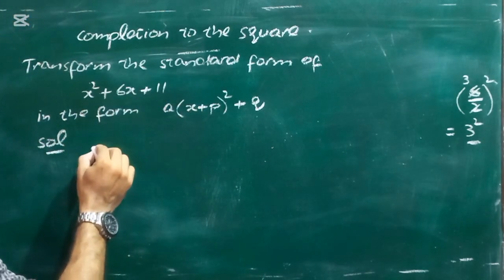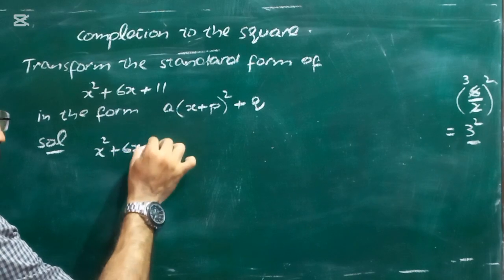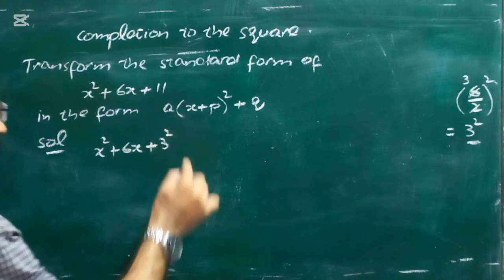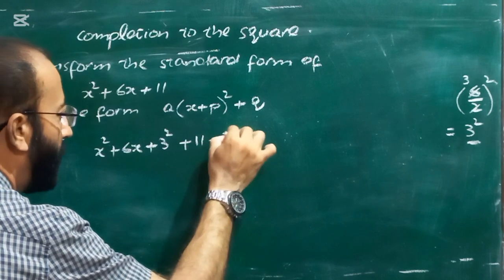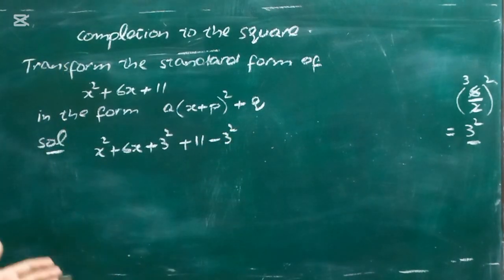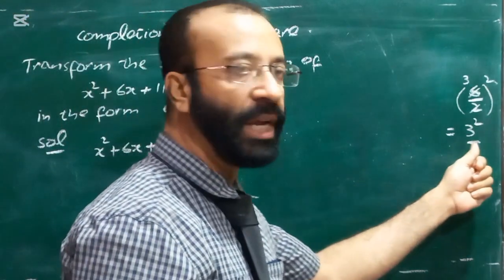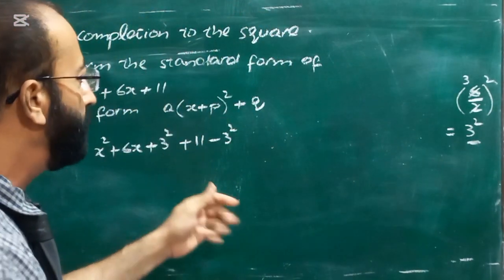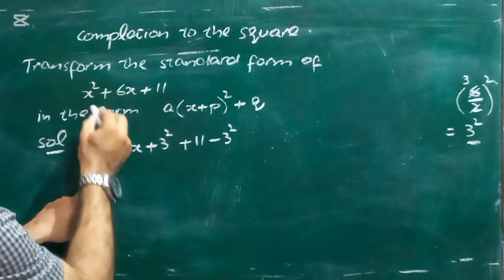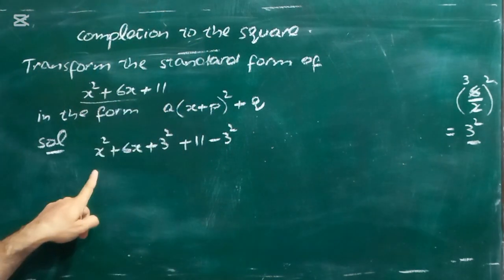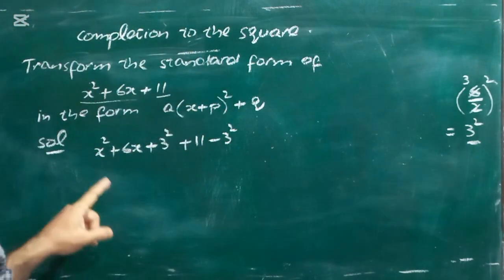So look now: x² plus 6x plus 3² plus 11 minus 3². This is the method to write down the addition and subtraction of this factor in the equation. We will add this factor with this term and subtract this factor with this term.